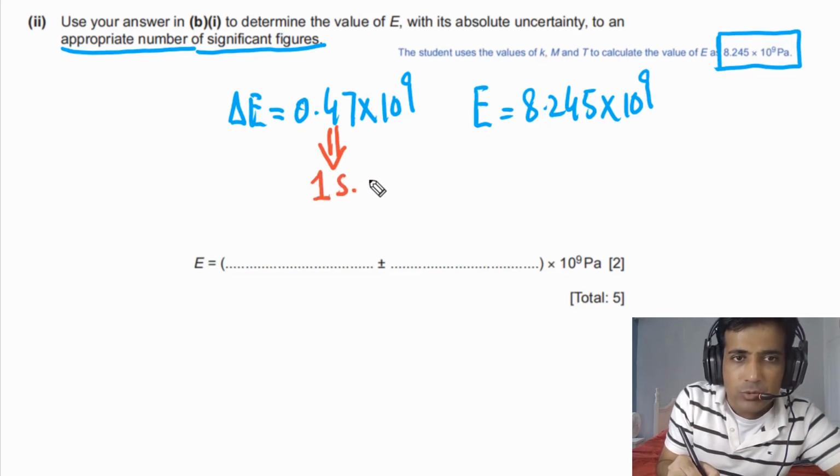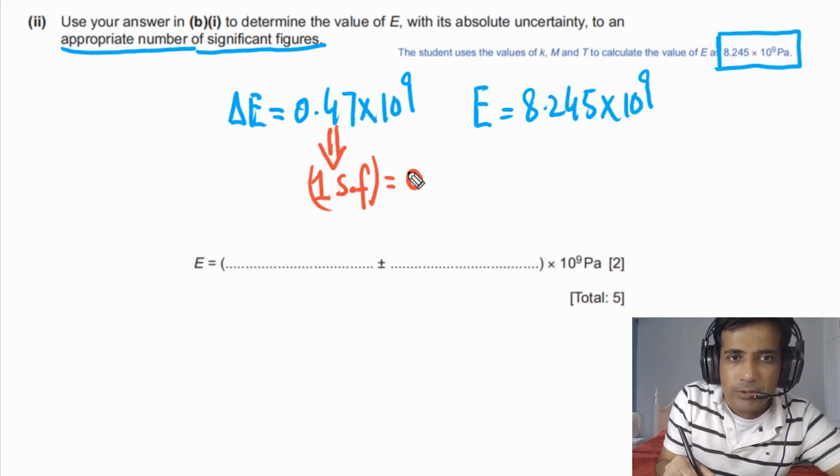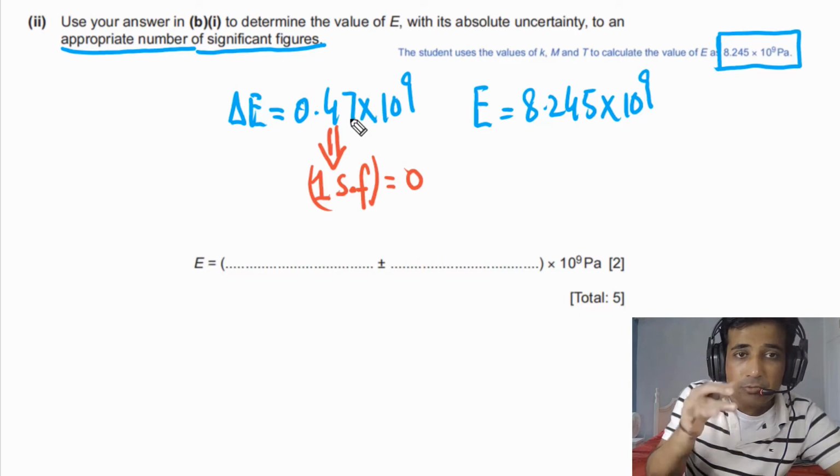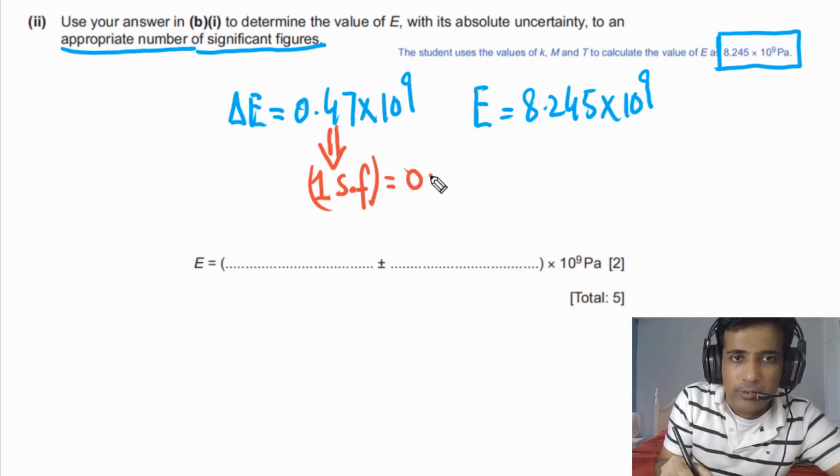I mean, you need to round this one up to 1 significant figure. So if we round this up to 1 SF, because 7 is greater than 5, we can write down 0.5 times 10 to 9. Now absolute uncertainty has 1 SF, so we can write down absolute uncertainty here.